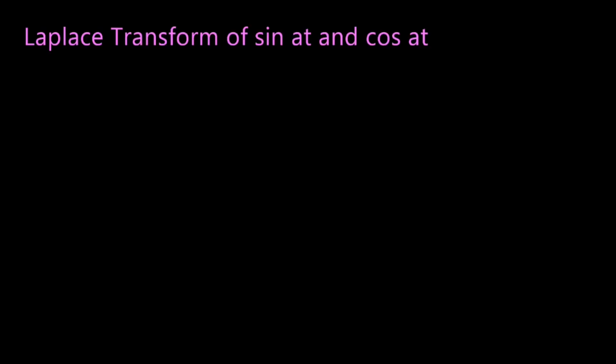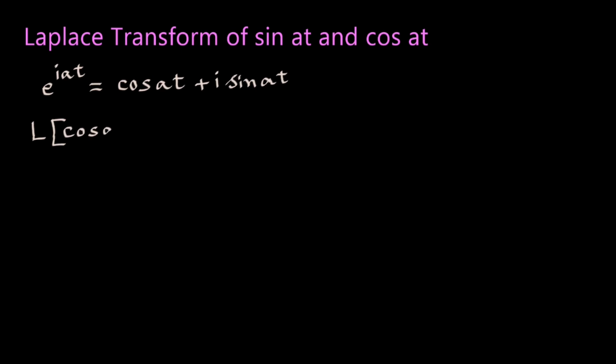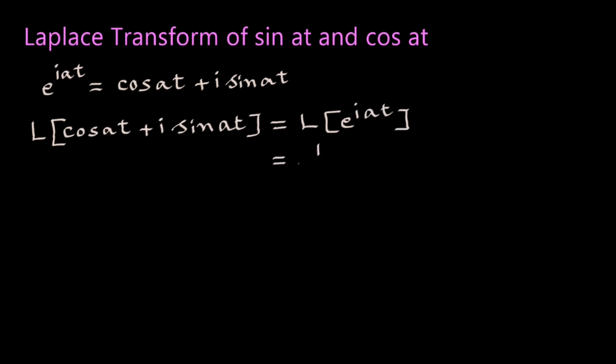In order to find Laplace transform of sin at and cos at, we will consider the exponential form e raised to iat of a complex number in the polar form as cos at plus i sin at. Now Laplace transform of cos at plus i sin at will be Laplace transform of e raised to iat, which is 1 upon s minus ia.